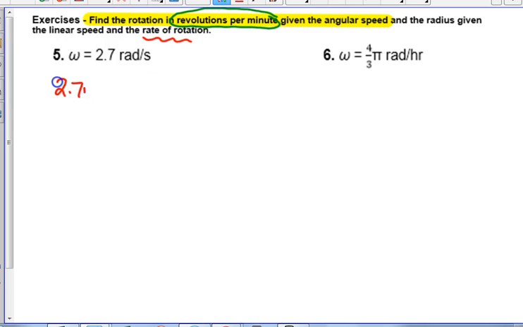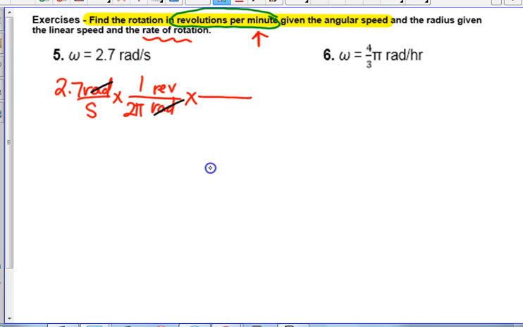Help me real fast. 2.7. What do we want? Revolutions per minute. What do I need to do to get this to revolutions and minutes? Revolutions, radians. Usually we're going the other way, but this one, 1 over 2 pi, because we want the radians to cancel.